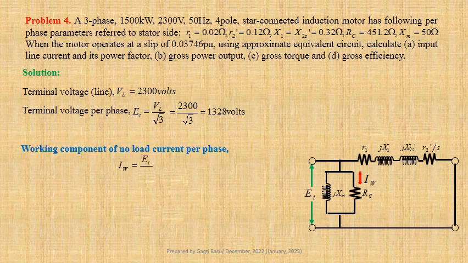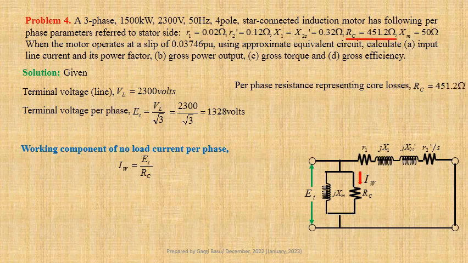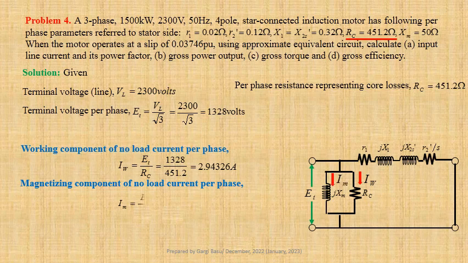Let us now calculate working component of no load current per phase. IW equals ET divided by RC. Given per phase resistance representing core losses, RC equals 451.2 ohm. Therefore, IW equals 1328 divided by 451.2, that is equal to 2.94326 ampere. Magnetizing component of no load current per phase IM equals ET divided by XM.